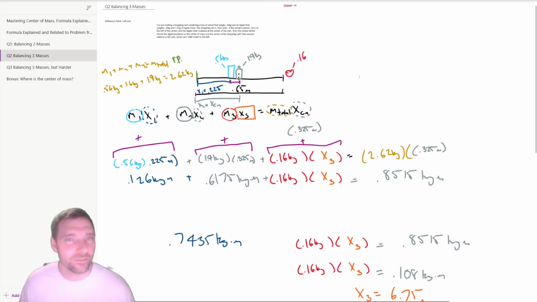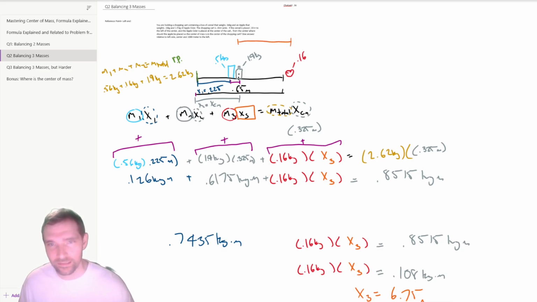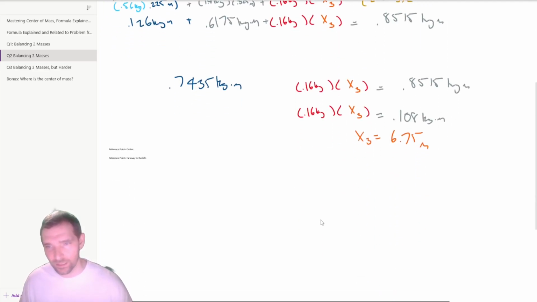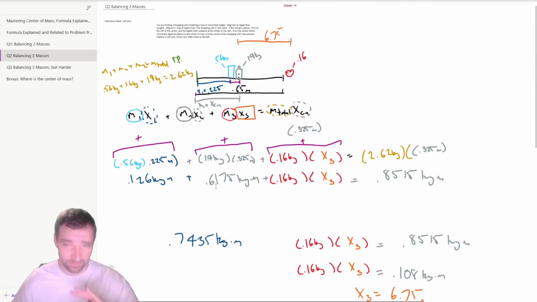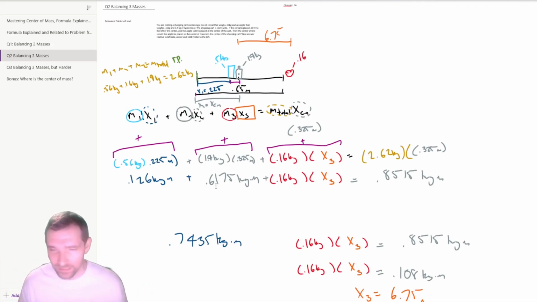But that's okay. For our purposes of this problem, we can see how this is now not in the cart. And that's actually going to be a concept question that a lot of professors are going to ask you. So you're going to need to be able to identify whether an answer makes sense or not in a problem like this.